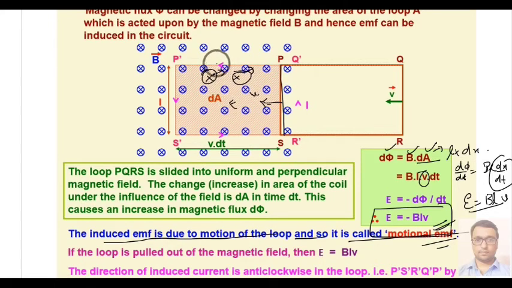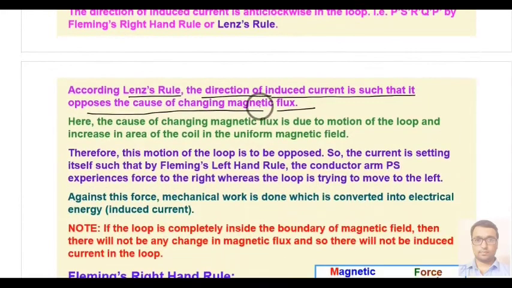So current will flow in the clockwise direction, so that it increases the magnetic field into the plane of the paper. This is how we get the direction of the current.